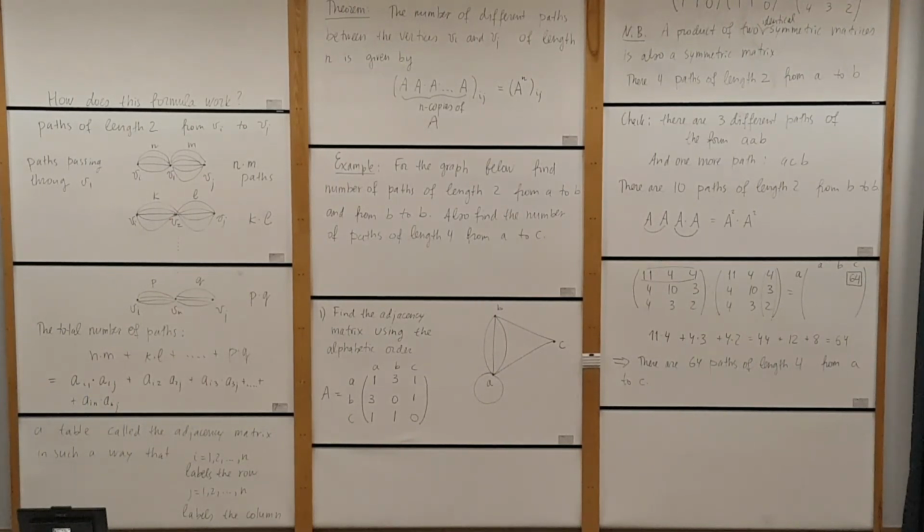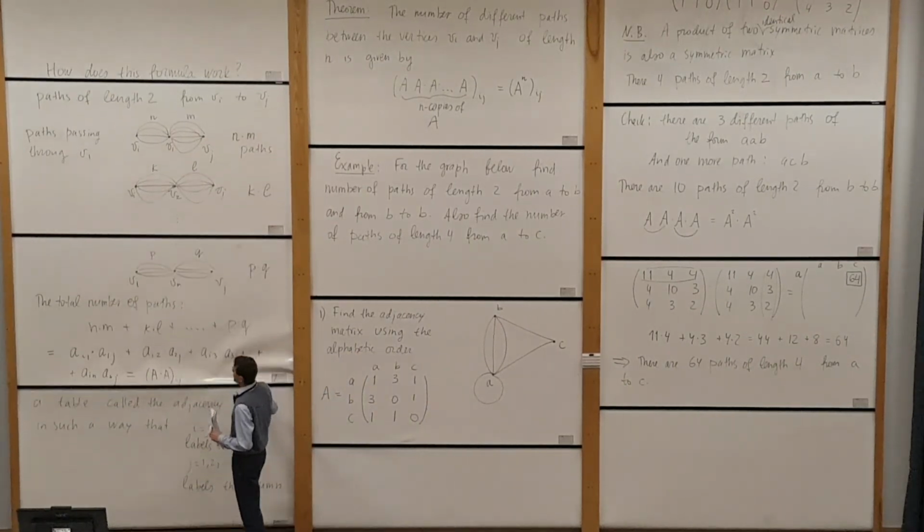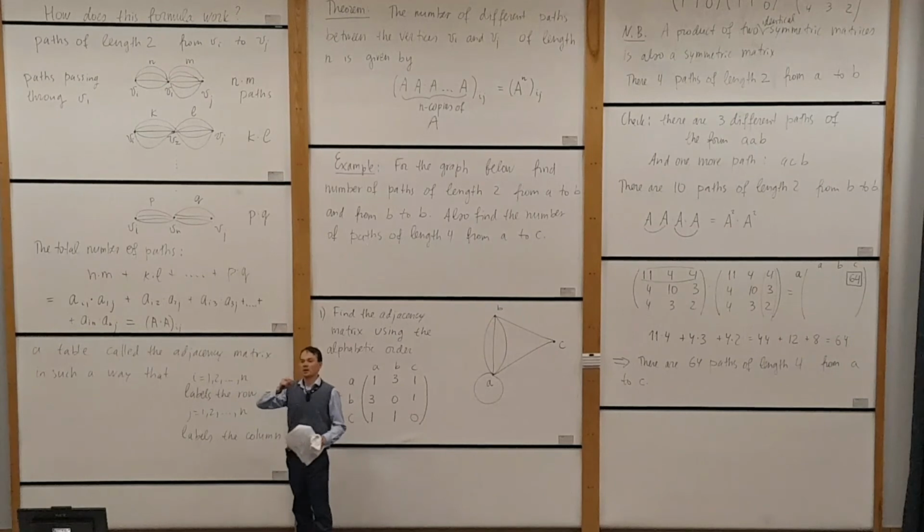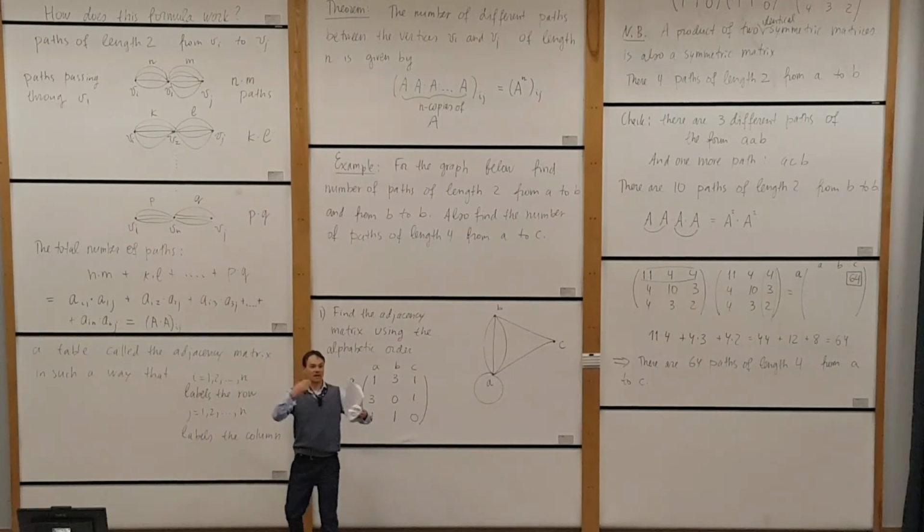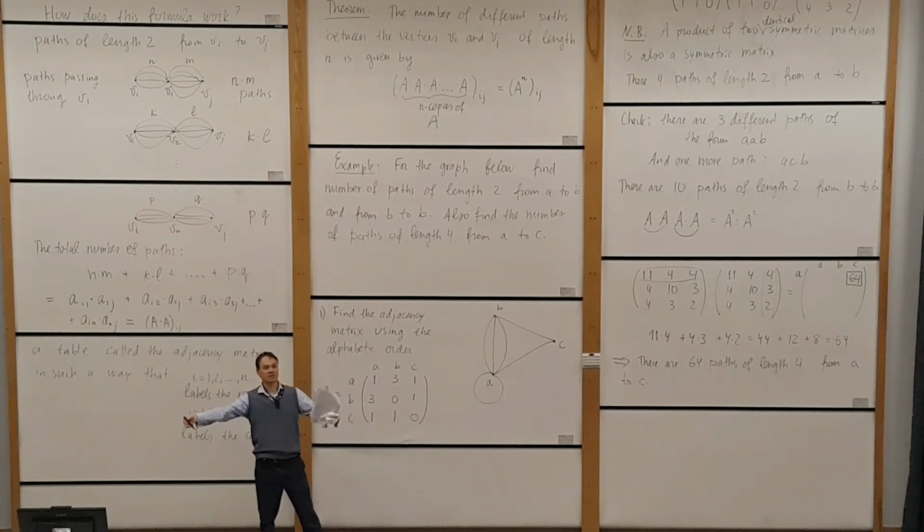And now you see that it's exactly the formula for the matrix multiplication, right? That's exactly A times A, the entry ij. And you see now that in the matrix multiplication, in terms of operations with numbers, we are multiplying some numbers and then adding them up. So that's in the definition.